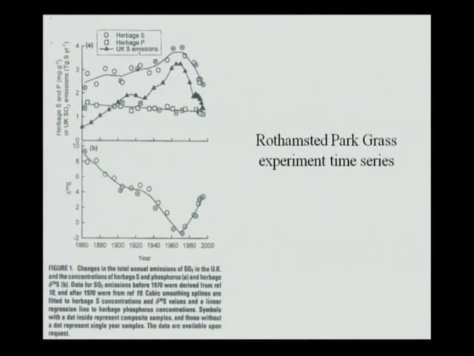The isotopes go down and go up again at the same time. So more coal combusted, more sulfur in the atmosphere, more sulfur in the plants.